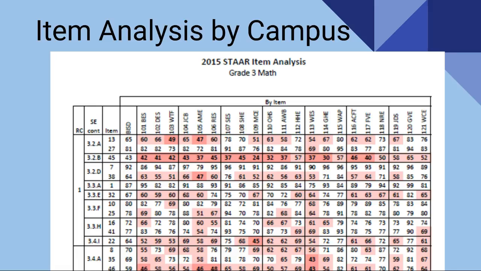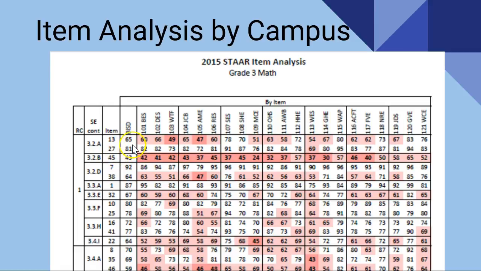Also, you have the item analysis by campus. So you'll notice first we start with our reporting category. Then the student expectation, and on such as 3.2A, there were 2 items that covered this student expectation, item 13 and 27. In our district, in BISD, we scored 65% mastery on 13 and 81% on number 27.